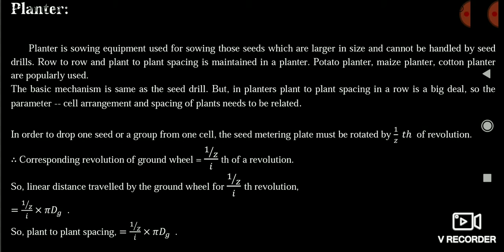And I think all of you know that for calculating the linear distance in n revolutions of the ground wheel, the formula is pi d n. So for 1 by z divided by I revolution of ground wheel, the linear distance is pi dg into 1 by z by I. And friends, this is the plant to plant spacing.